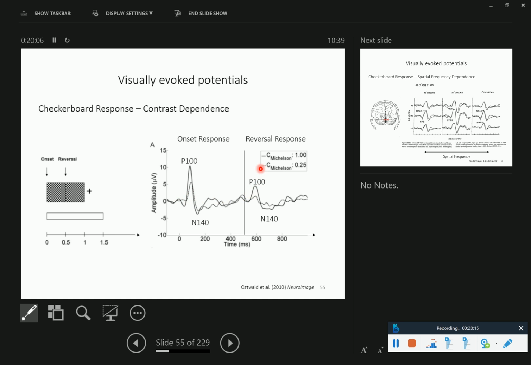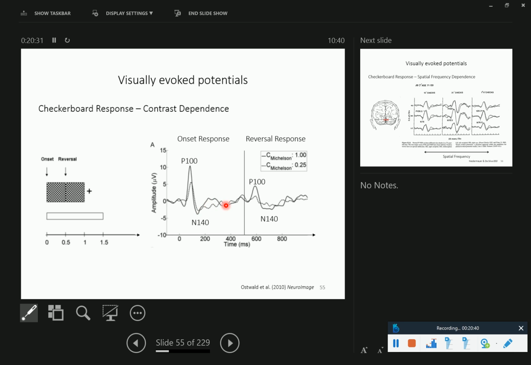So the dashed line here shows the responses for lower contrast stimulus, which I would say is also, if you look at that, a reason to maybe think twice if you want to get into consciousness EEG research, because in consciousness EEG research you will deal with stimuli that are really, really weak.